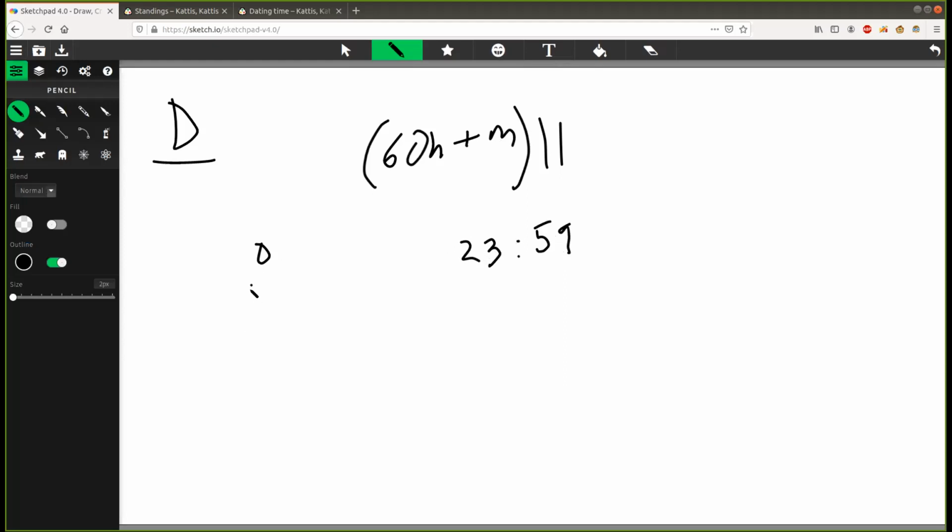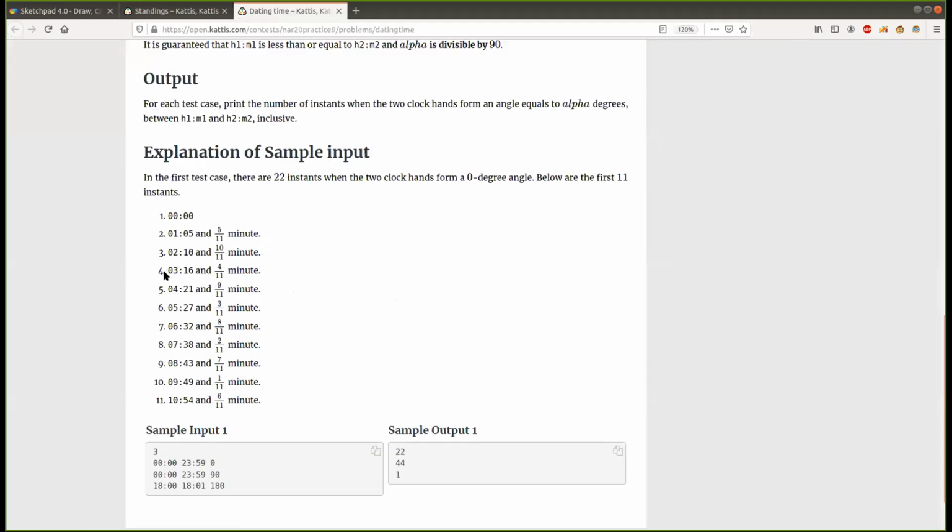So there's a finite number of interesting moments of time. For each one I calculate what position the hour hand is in and what position the minute hand is in, and whether the angle is 0, 90, or 180. Then for a query, I check all of the interesting times I found, and there are not very many, so it's fast enough.